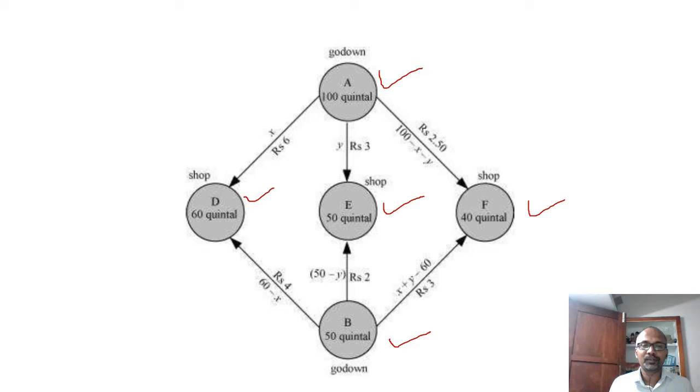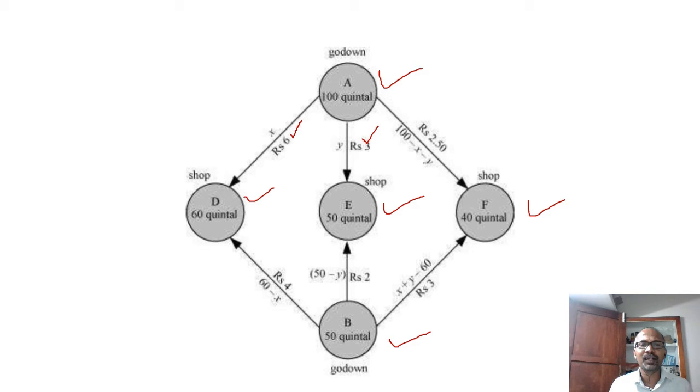Here we start with X. Suppose X quintals are to be transported from A to D. The transportation cost as per the table is rupees 6, and let Y quintals be transported from go down A to E, and the cost is 3.